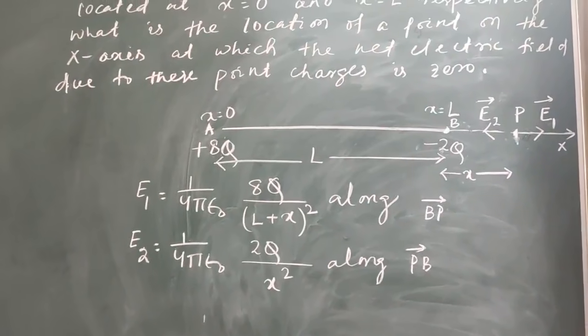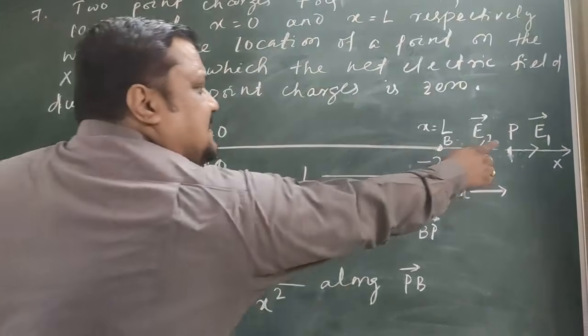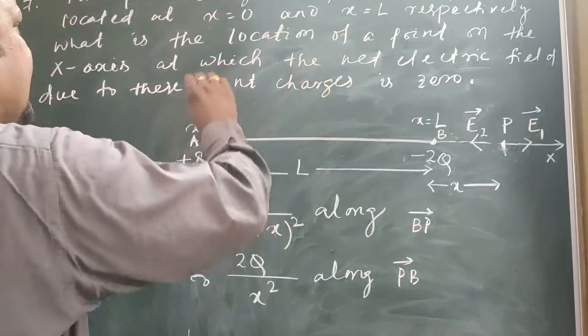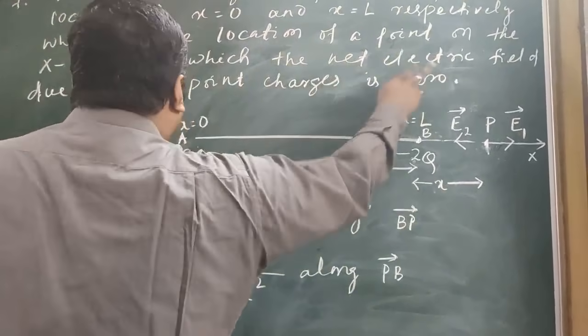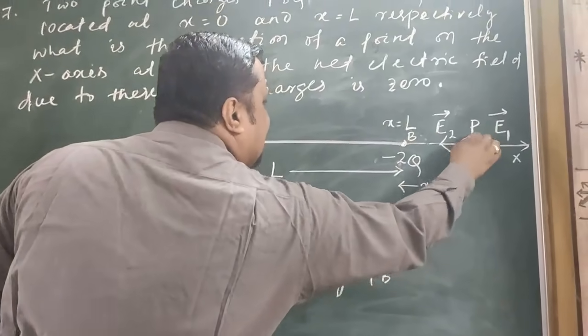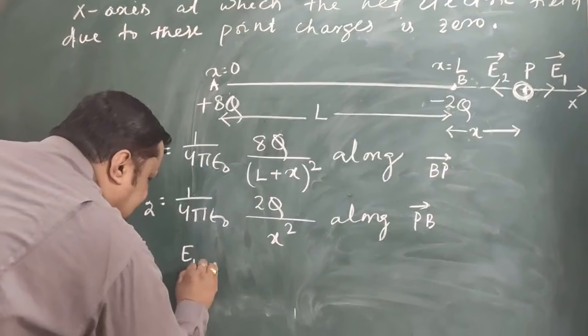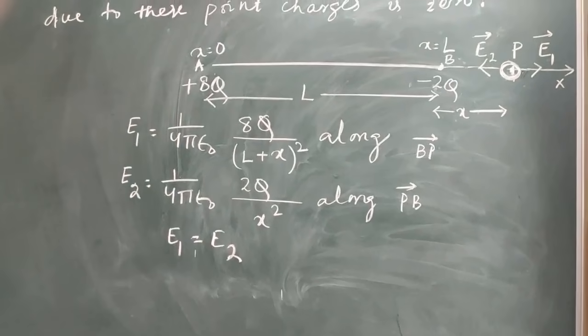Now the question is what is the location of the point? The location of this point means what is this x? What is the value of x so that the net electric field due to these point charges is 0? The net electric field at this point is 0, which means E1 and E2 are opposite. So the magnitude of E1 should be equal to E2.